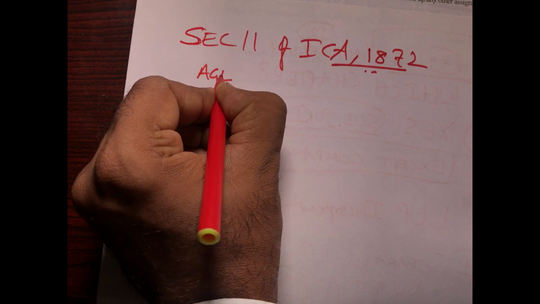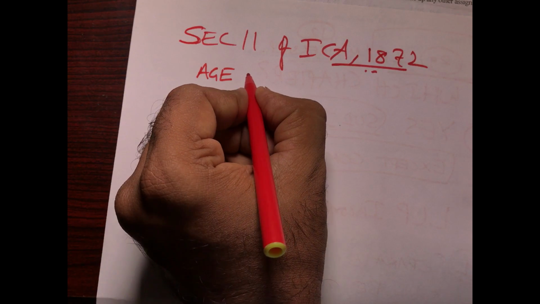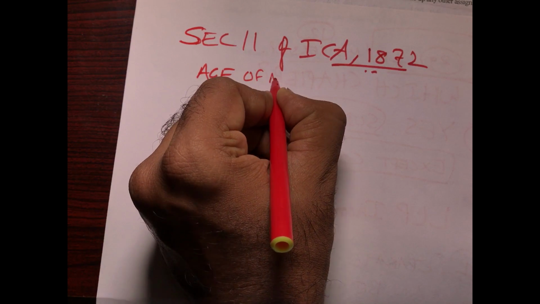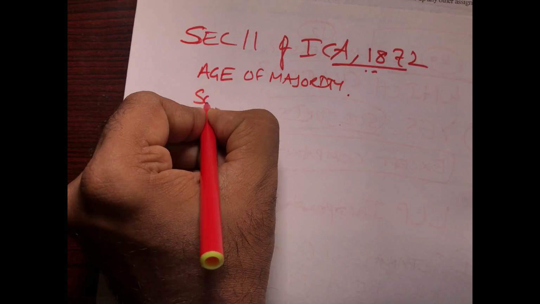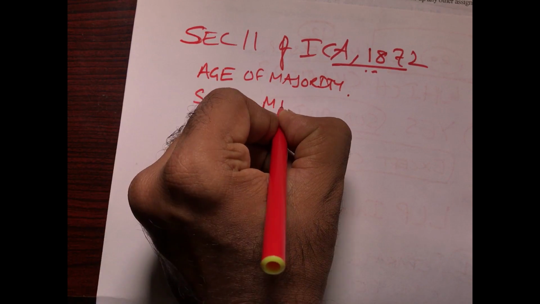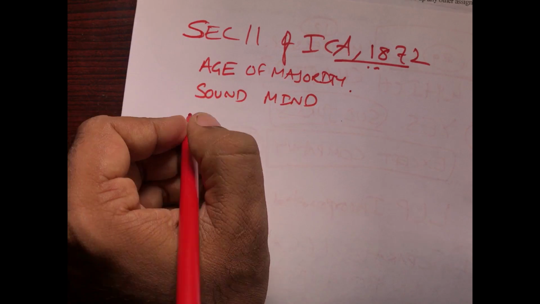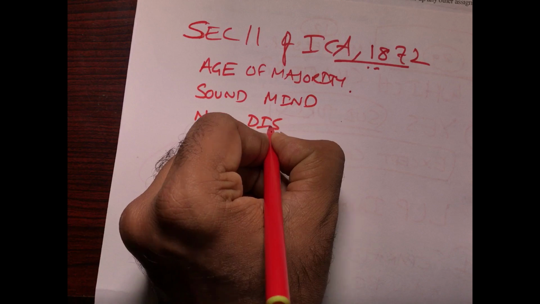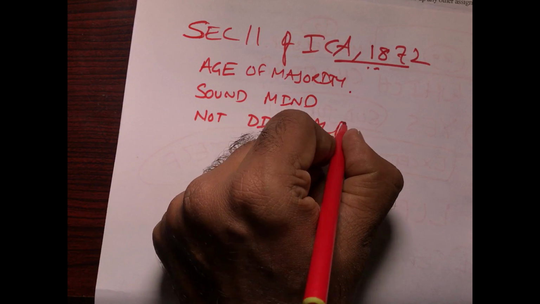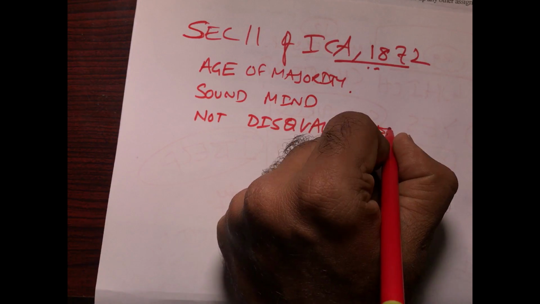First, a person who can contract should be of the age of majority. We know that very well. Then he should be of sound mind, so that he is able to understand the contract, and he should not be disqualified under any law.